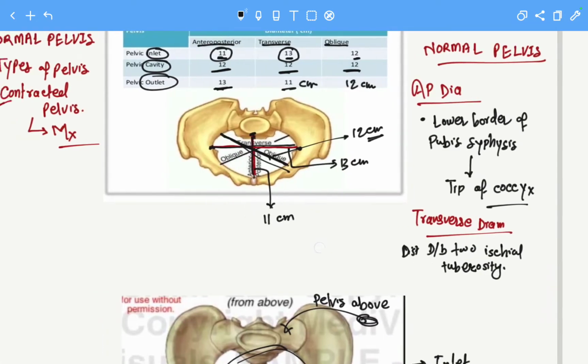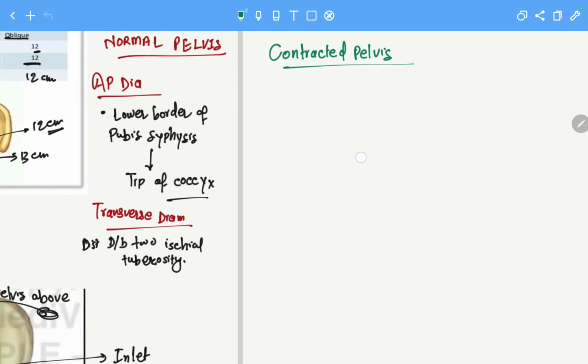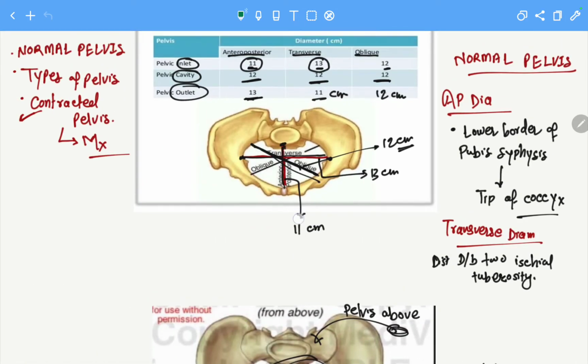And now the next topic that we are going to discuss is contracted pelvis, right? Contracted pelvis, remember all the diameters, right?